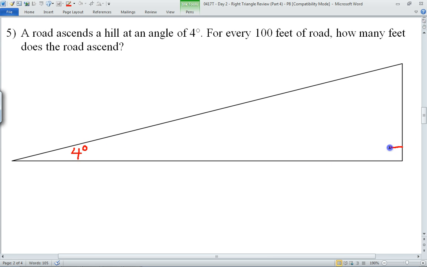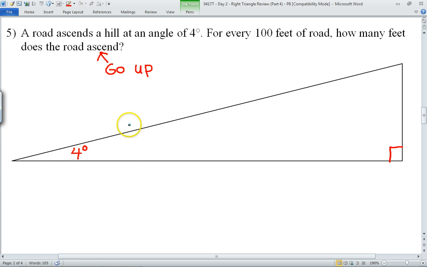Of course, let's picture this as a right triangle. So for every 100 feet, how many feet does the road ascend? Again, this just means how many feet does it go up?